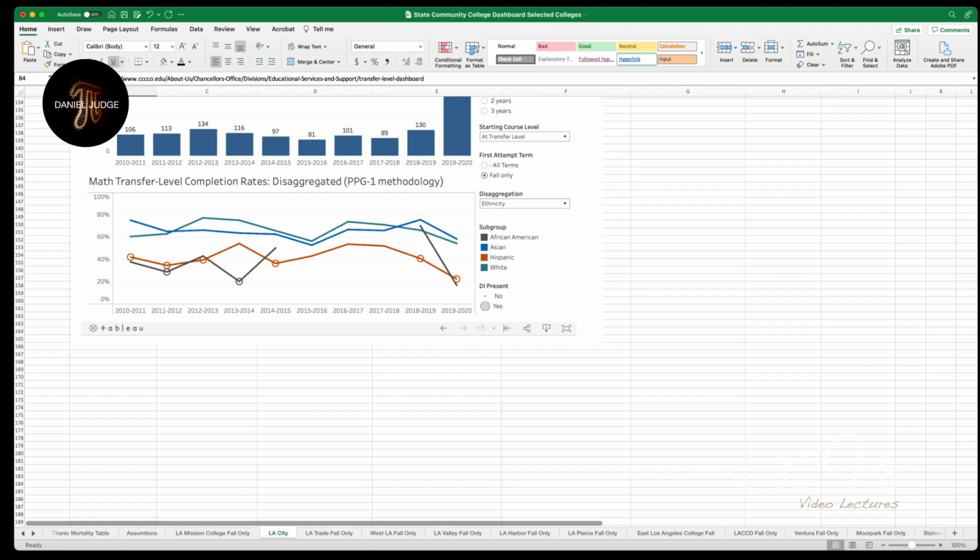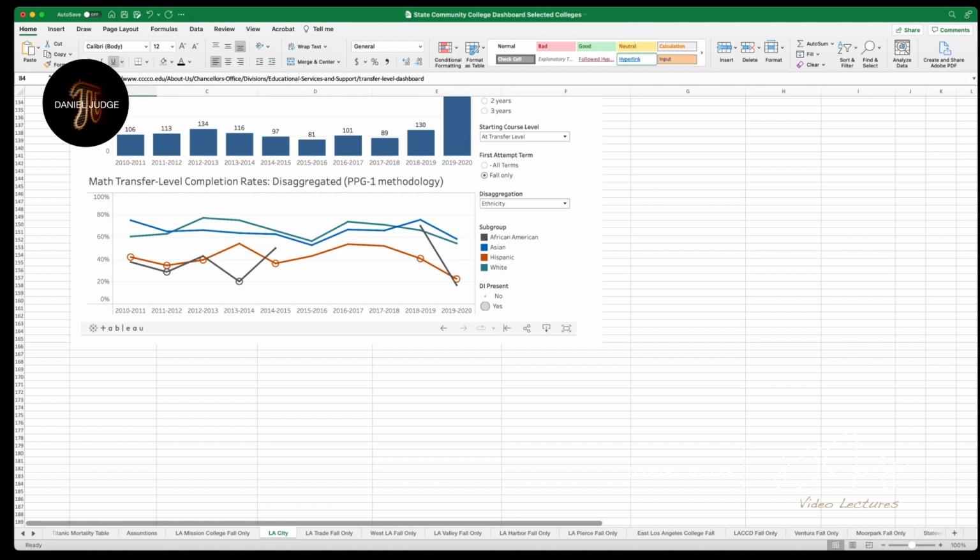And you close gaps between the blue and green, and that's Asian and white students. So now they're closer together. However, the others are further apart. So you did not close equity gaps. And you decreased success for the most prepared students of each group.